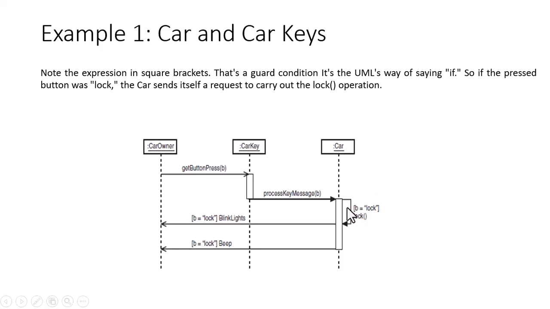If the instruction is lock, it is already written here. So if the pressed button was lock, the car sends itself a request to carry out the lock operation and the car will be locked. And then the message is sent. Remember that this is not a back reply.